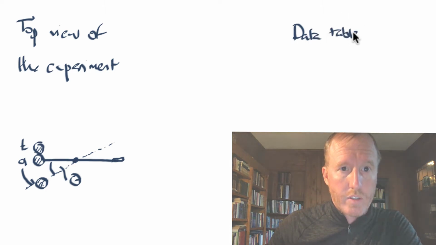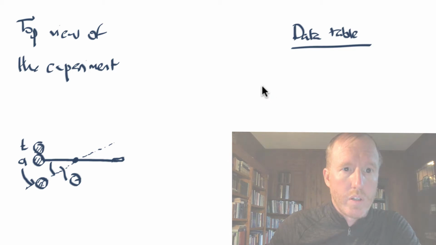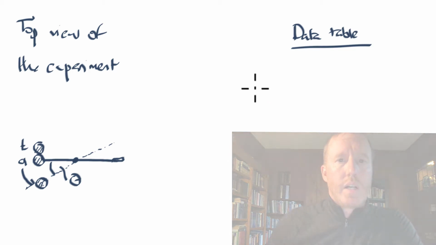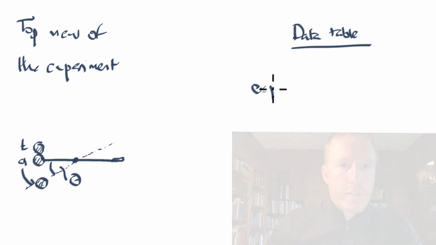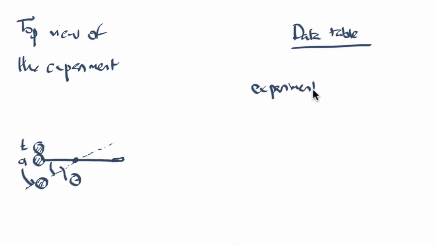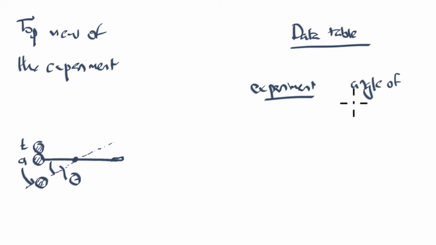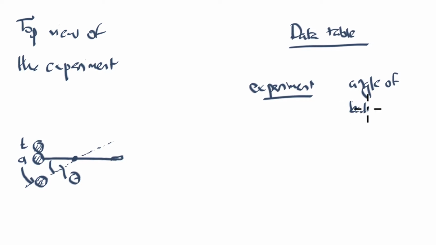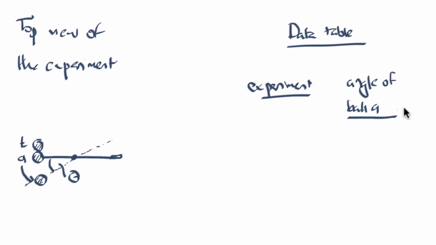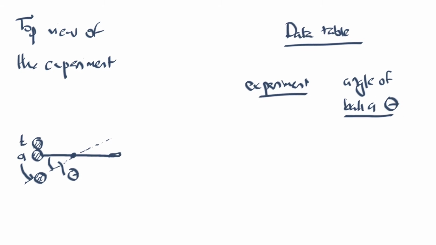Okay, so let's make a table to describe the data that he collects. I'll label this experiment here, and then the angle of the ball A in this column, and so that would be the angle theta.